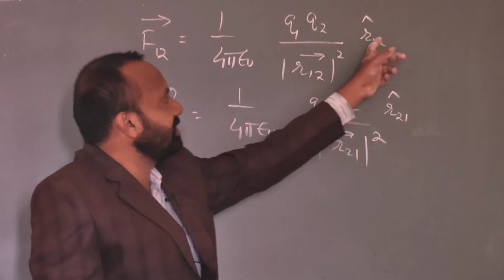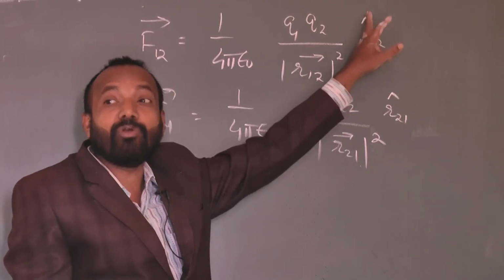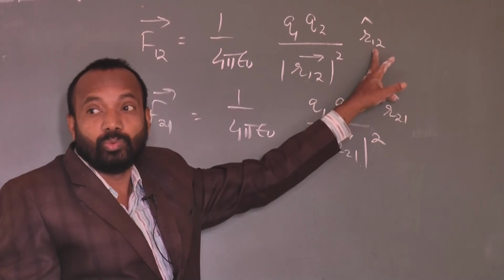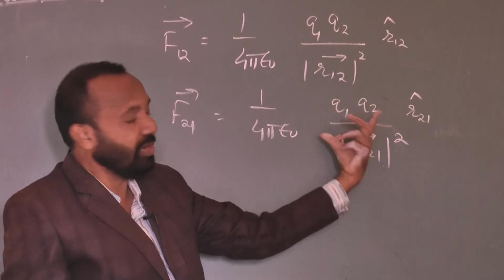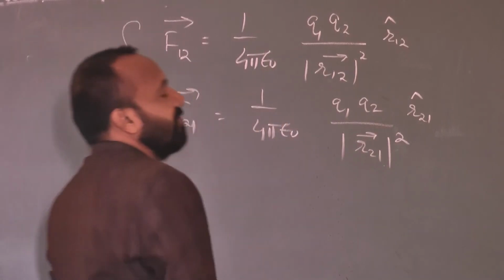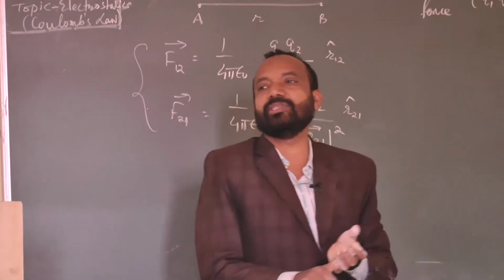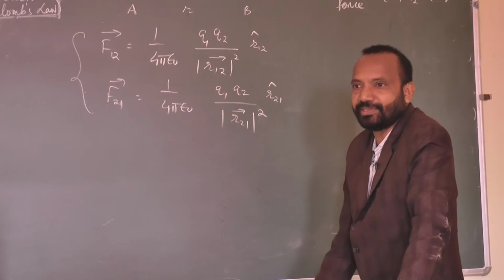If you express this, you split it: R12 cap is R12 vector by the magnitude of R12, then it will be whole cube. So, this is your expression of the Coulomb force in the vector form, when the force of interaction is repulsive in the previous case and attractive in this case.